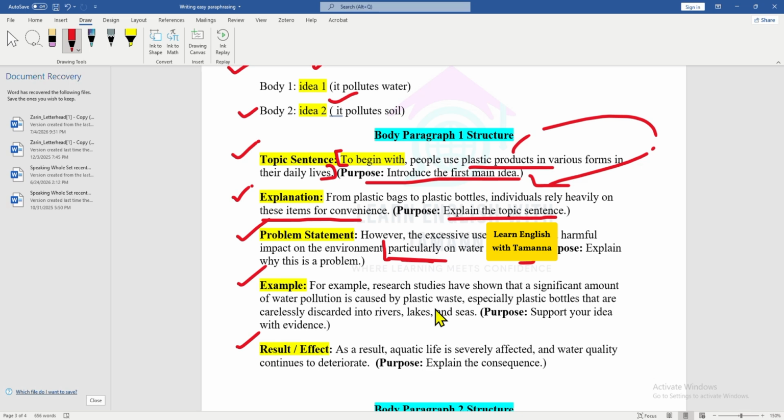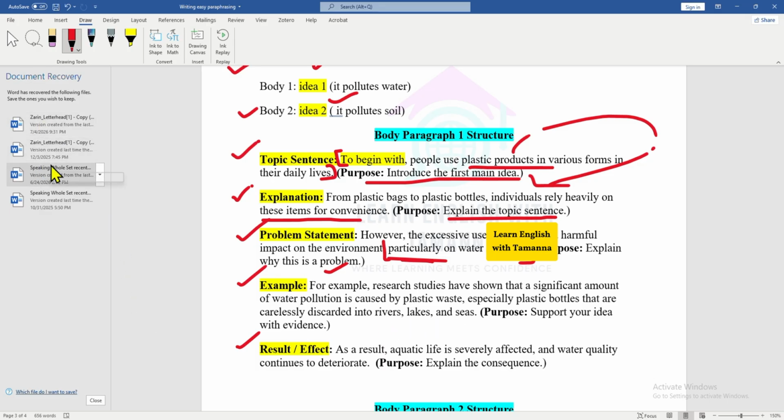Okay. So here I wrote that, for example, research studies have shown that a significant amount of water pollution is caused by plastic waste, especially plastic bottles that are carelessly discarded into rivers, lakes, and seas.